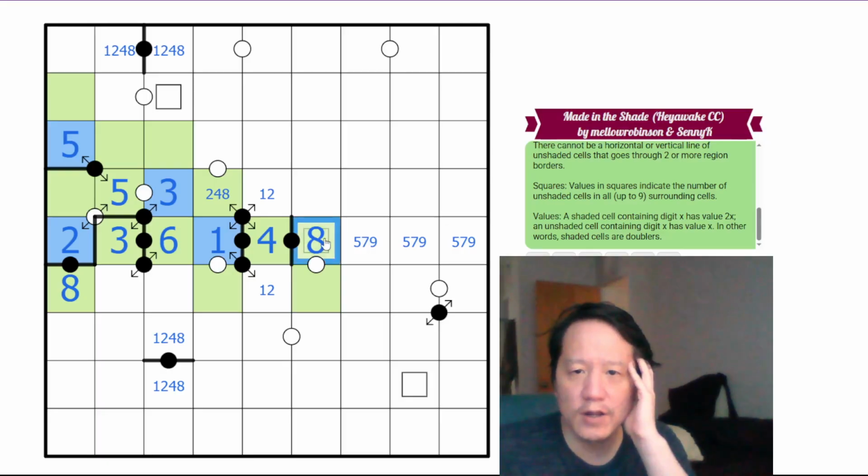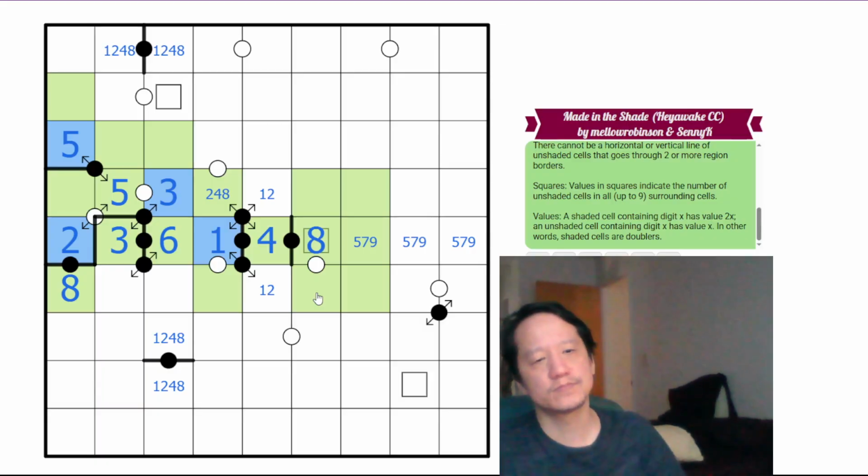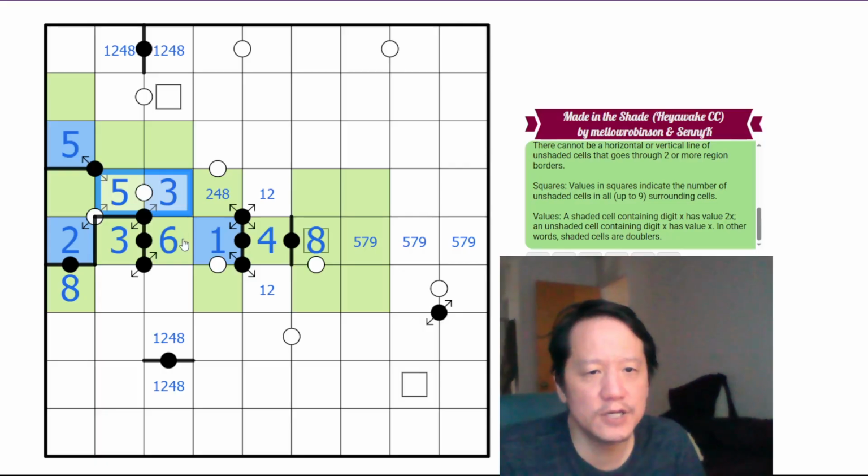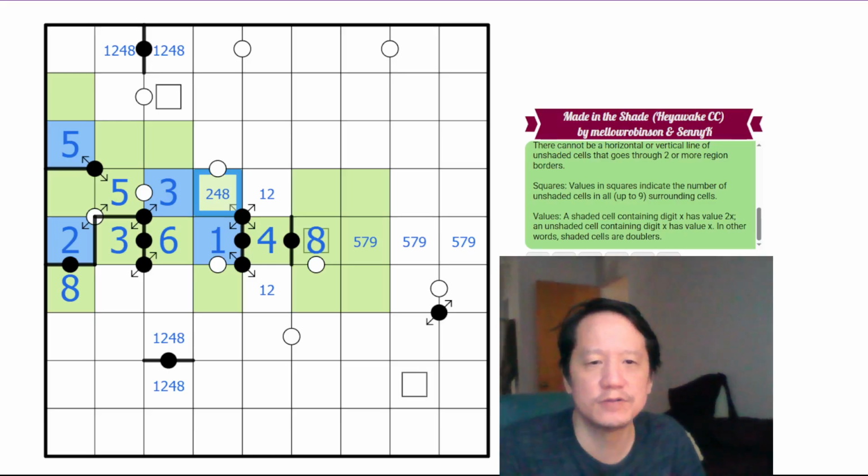This green square has 8 unshaded cells around it. One of these is the shaded cell, so this must be unshaded here. This is 5 and 3. This is 4 in value, so this has to be 2 or 8.